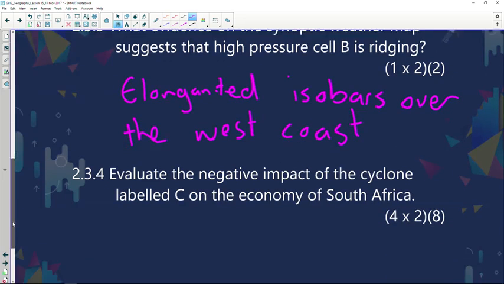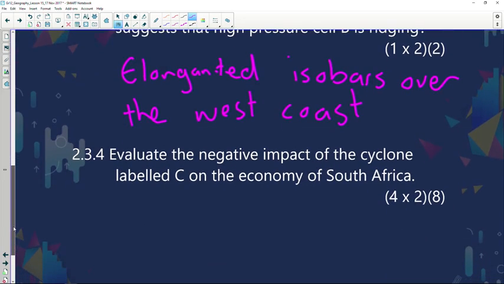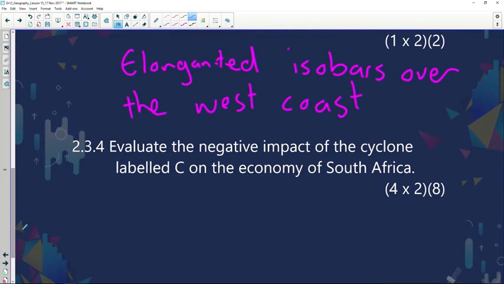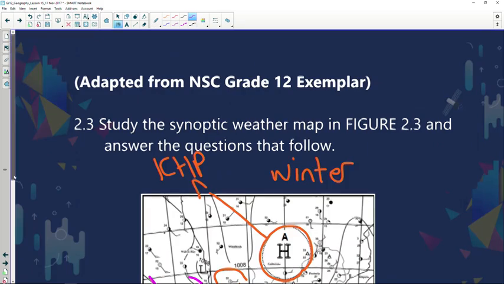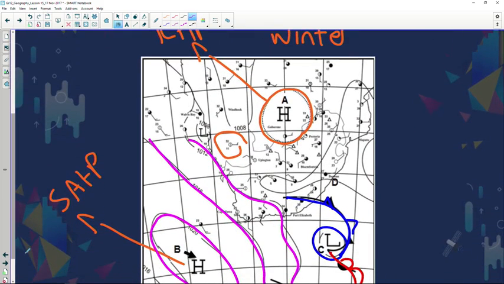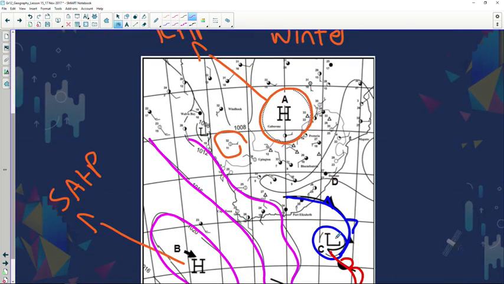Now, evaluate the negative impact of the cyclone labeled C on the economy of South Africa. Keep in mind, this mid-latitude cyclone, excuse my pun, creates a Mediterranean climate for this area over here. Believe it or not, there are positive impacts of these mid-latitude cyclones, and we experience some negative consequences as well. First of all, it creates a Mediterranean climate.